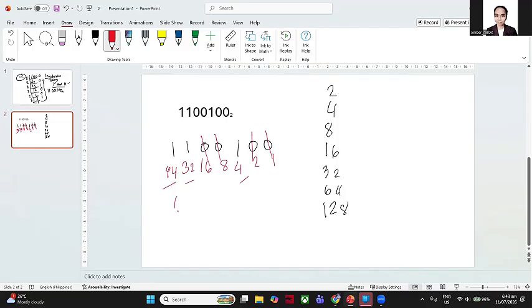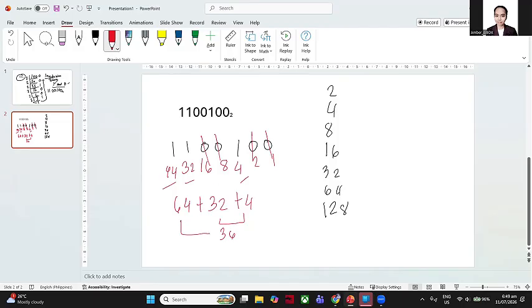So we have 64 plus 32 plus 4. Let's count it out. 32 plus 4 is 36.